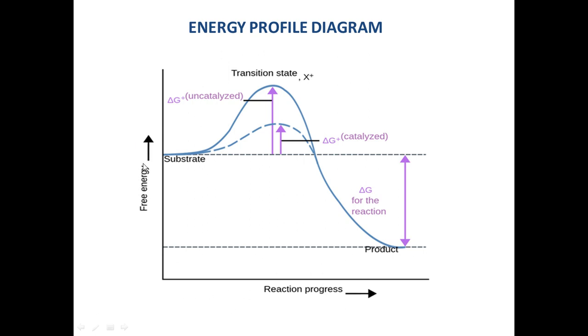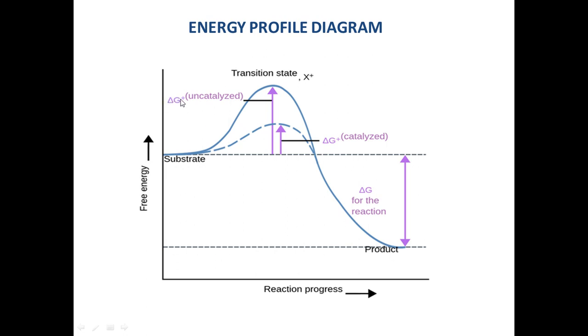So this is the free energy which can be used to speed up the chemical reaction, and this is the progress of the reaction. This is the substrate, or the reactant, and this is the product. The vertical axis is the energy magnitude in the system, as we said. This one is the rate of the reaction.